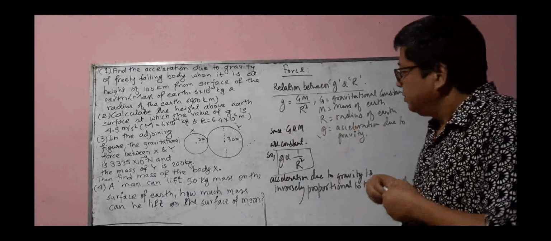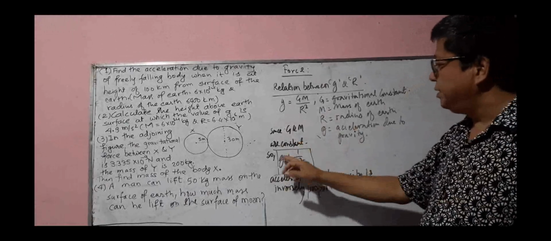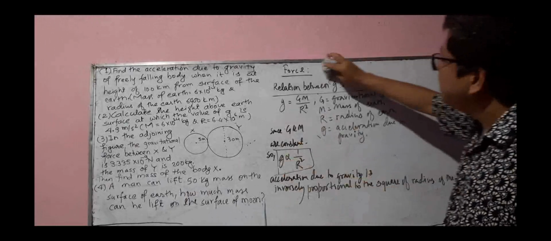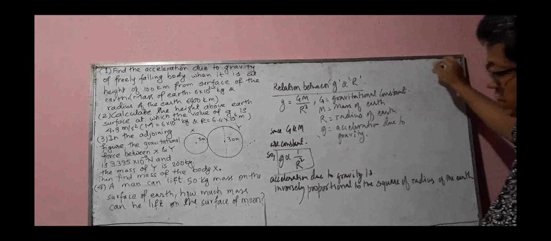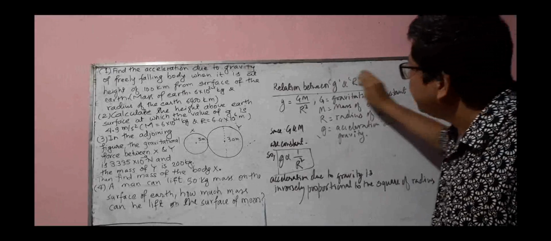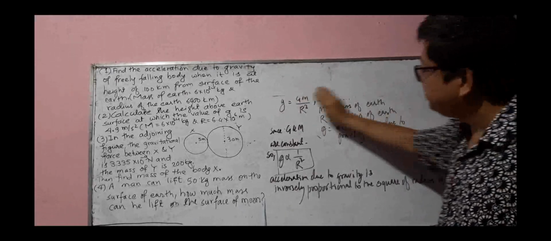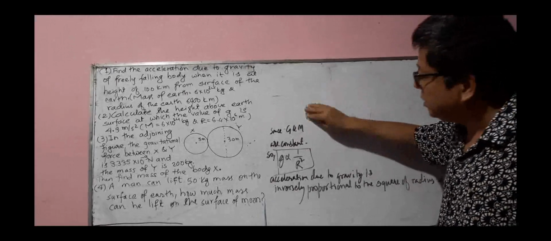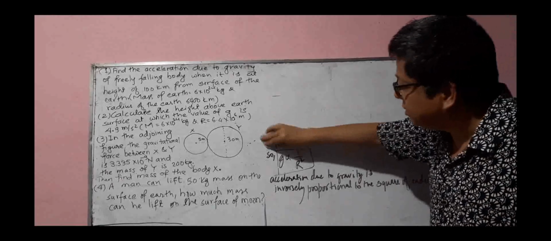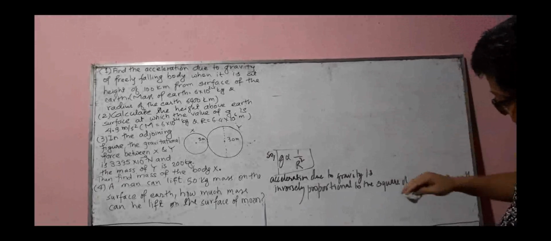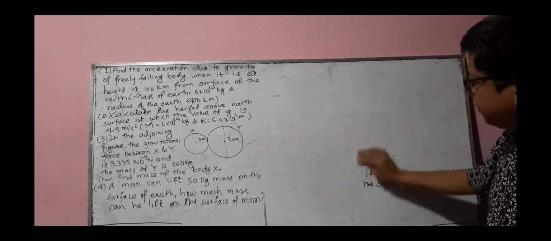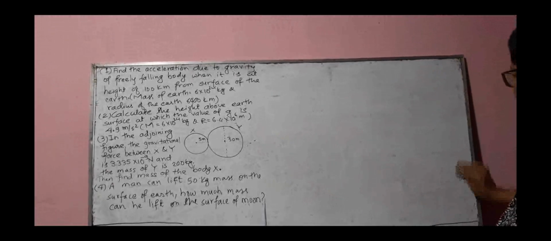So the relation between g and r has some importance to find the weight of the objects. So the weight of the object is different for different places, and the value of g also differs from place to place.